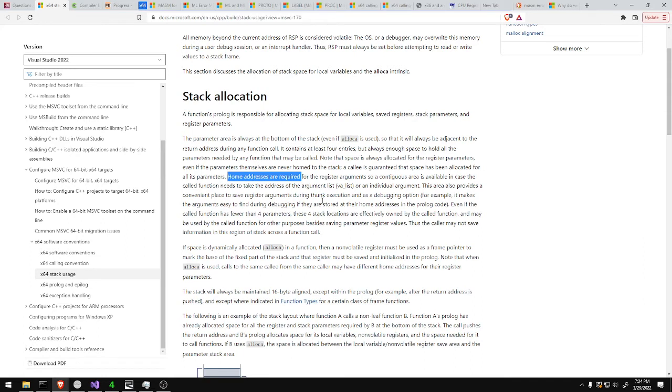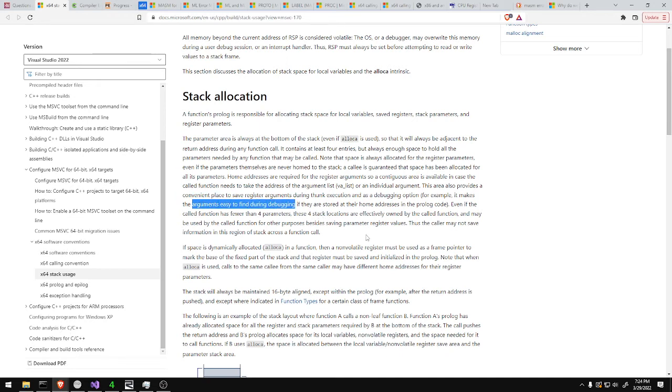Home addresses are required for the register arguments so a contiguous area is available and the called function needs to take the address of the argument, or an individual argument. This area also provides a convenient place to save register arguments during thunk execution and as a debugging option. For example, it makes the arguments easy to find during debugging.